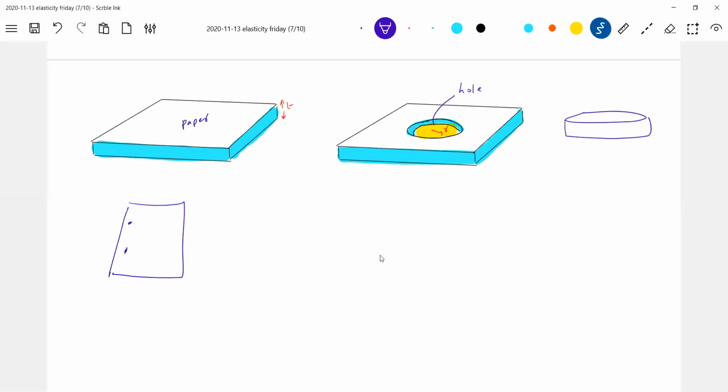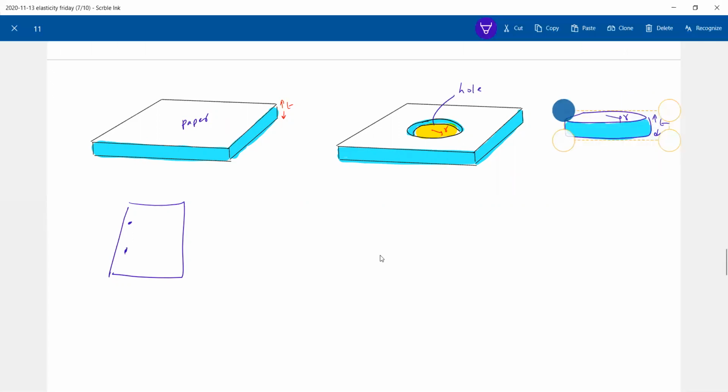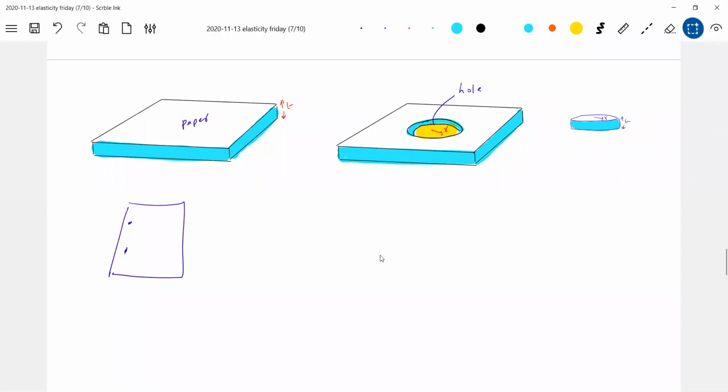Am I right? This much of paper will come out, no? And this much of paper will come out here. So this was removed from the sheet, removed from the paper.